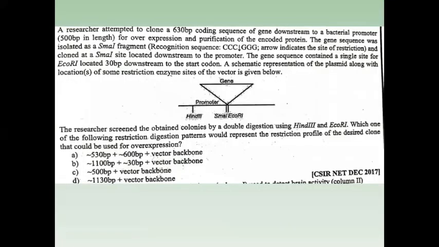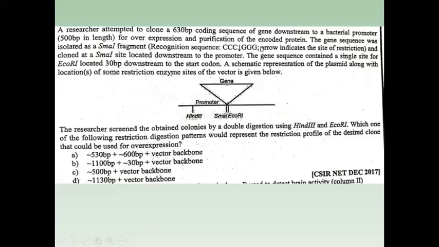Now on restriction mapping, many questions come in CSIR NET. For example, this one has come in NET 2017. What is this saying? There is a coding sequence, and a person wants to clone a sequence of 630 bp, which is downstream to a bacterial promoter. The promoter of the bacteria is 500 bp in length.